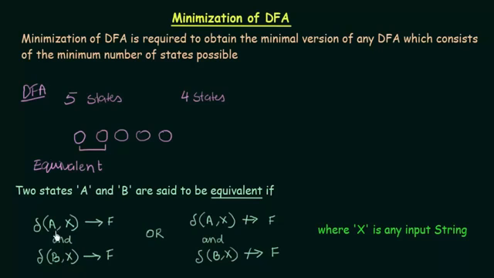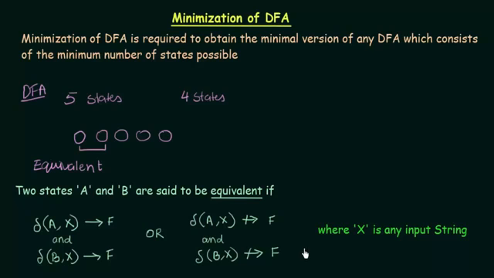Then A and B are said to be equivalent. Or if A on getting an input string X does not go to the final state, and also B on getting the input string X does not go to any of the final states, then also A and B are said to be equivalent. This will become more clear to you when we take some examples.